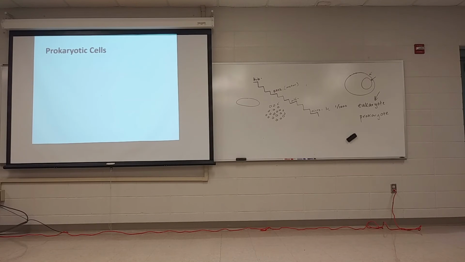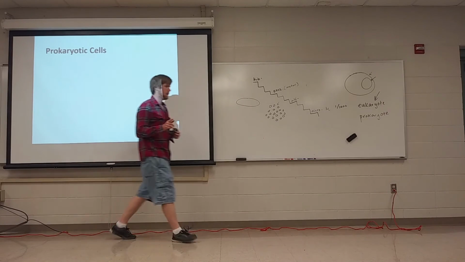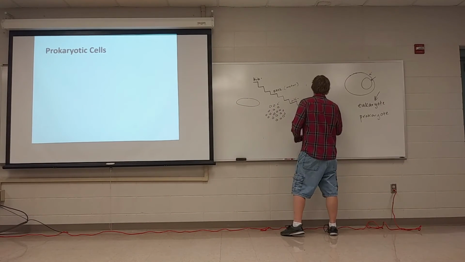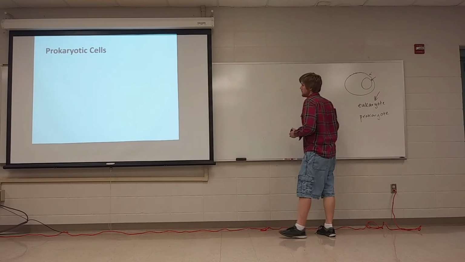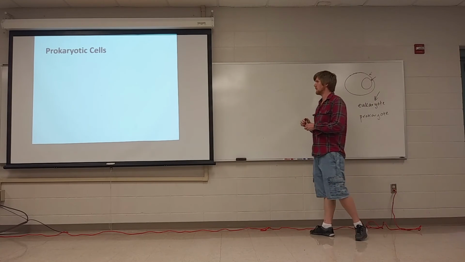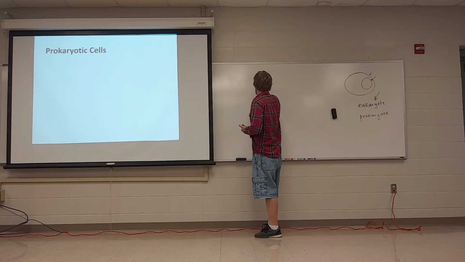And so prokaryotes, or prokaryotic cells, there are 2 types of them. If you remember back, one familiar and one much less familiar. The familiar one is the bacteria. So, prokaryotes, cells without nuclei.